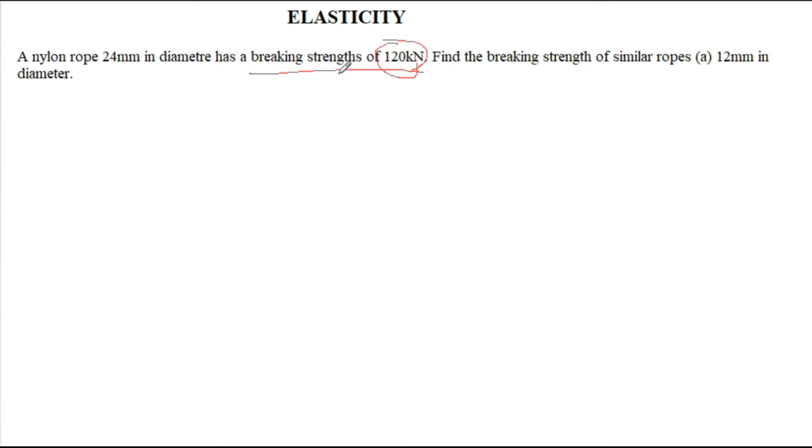The breaking strength, which is the force, is given as 120 kilonewton, that's 120 times 10 to the power 3 newton. Then the diameter is given as 24 millimeter. What is the relationship between the force and the diameter of a body in this case?